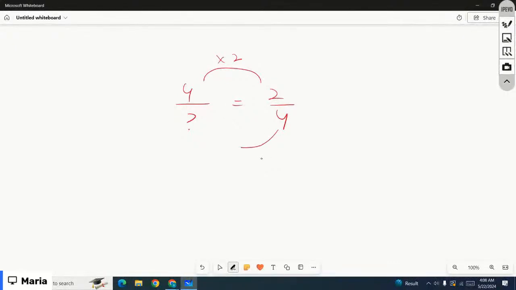So that means you need to multiply the denominator with 2. So 4 times 2 is 8. So that is 4 over 8. The correct option is 4 by 8, right?